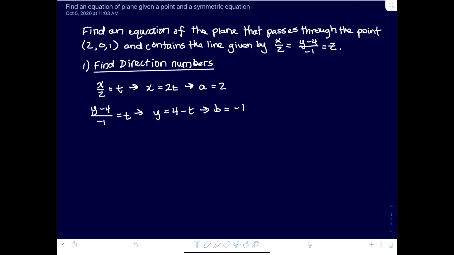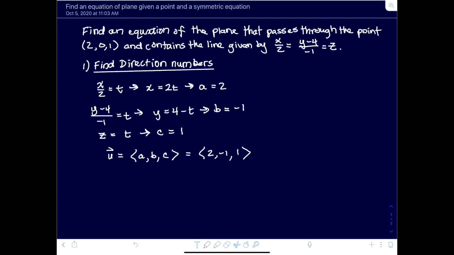And then z equals t, so that one's easy. That means c is 1. Cool so far? So a, b, and c are the direction numbers. Let's call it u equals <a, b, c>, which equals <2, -1, 1>.